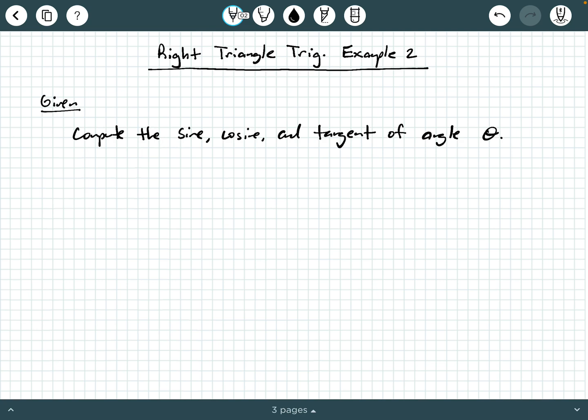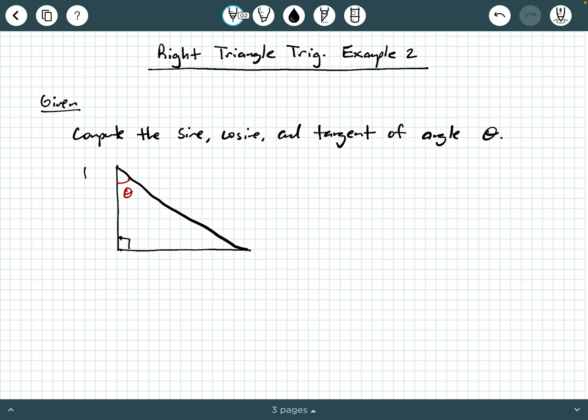In the given information, we are told to compute the sine, cosine, and tangent of an angle theta. And the right triangle that you are given is being drawn right now. Not my best artwork. So this is the right angle here, and then the angle theta you're interested in is up here.